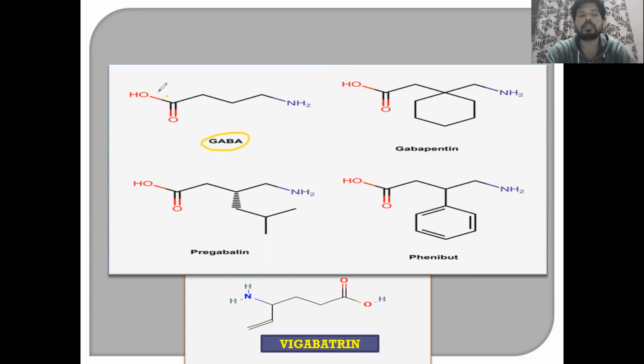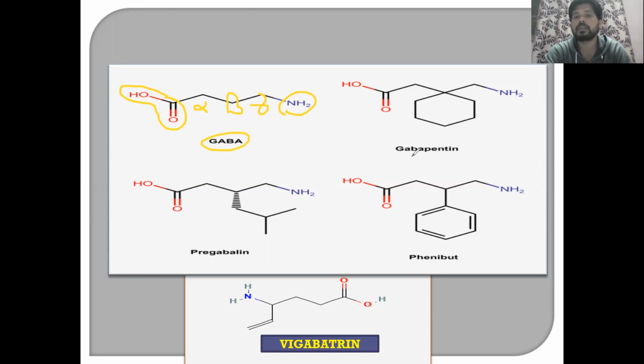Here the functional group is carboxylic acid, after that alpha, after that beta, and after that the gamma position. At the gamma position there is an amino group, that is gamma aminobutyric acid. Based on this only, the GABA analogs are designed.